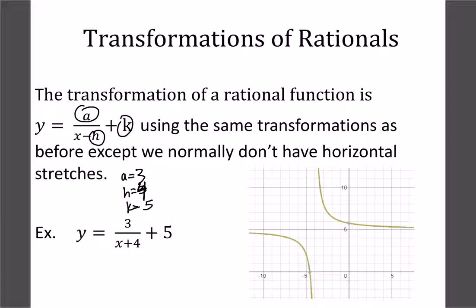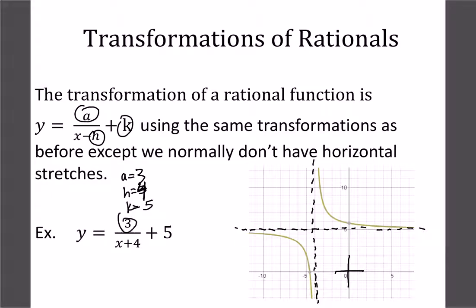In a normal graph our asymptote lines should be at the 0 and 0 location, so what you want to do is move those as your transformation. We want to move the horizontal asymptote line 5 up, and move the vertical asymptote 4 to the left. That gives us our new locations of asymptotes.